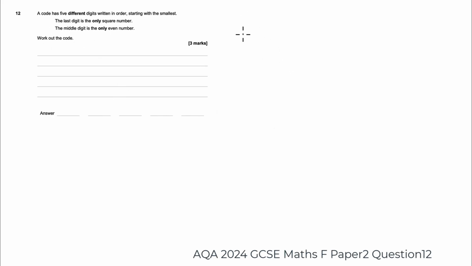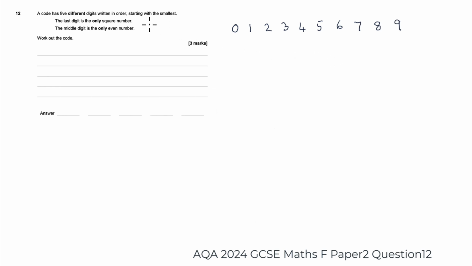So let's think about what digits are. Digits, there's 10 of them. 0, 1, 2, 3, 4, 5, 6, 7, 8 and 9. These are the 10 digits that we use to make up our normal numbers.